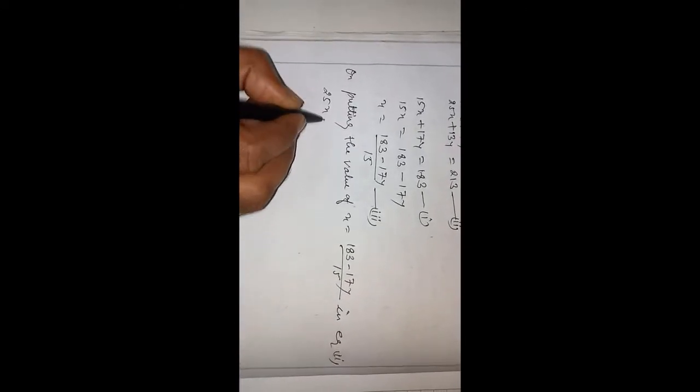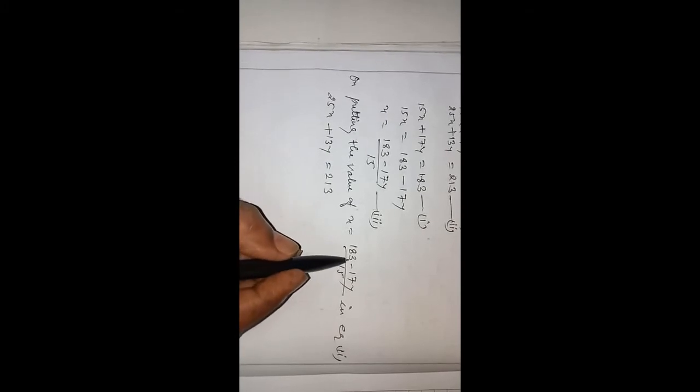Second equation is 25x plus 13y is equal to 213. At the place of x, we write 183 minus 17y upon 15. So 25 into 183 minus 17y upon 15 plus 13y is equal to 213.